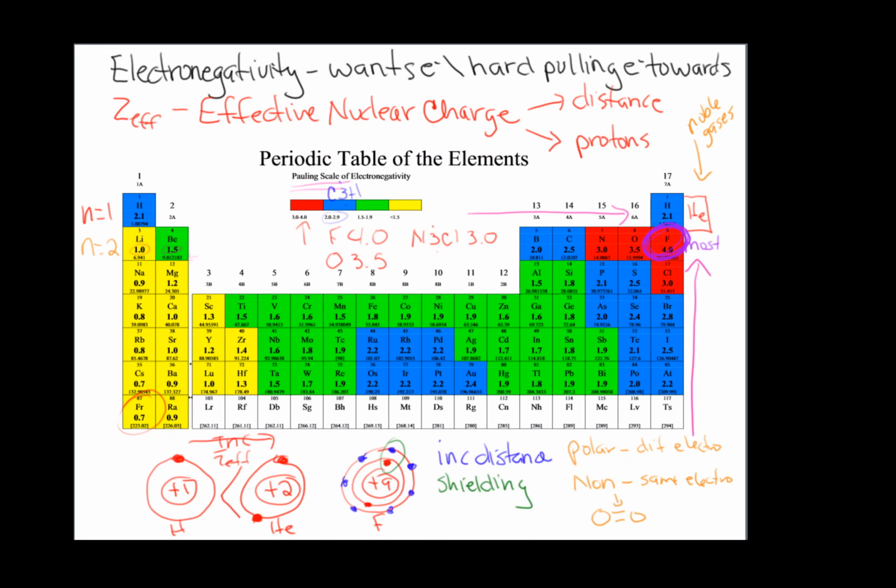So if I made diatomic oxygen, this bond is between two oxygens, and both oxygens have the same electronegativity, so this is nonpolar. Where if I put it between oxygen and hydrogen, these are different, and so this one is polar.